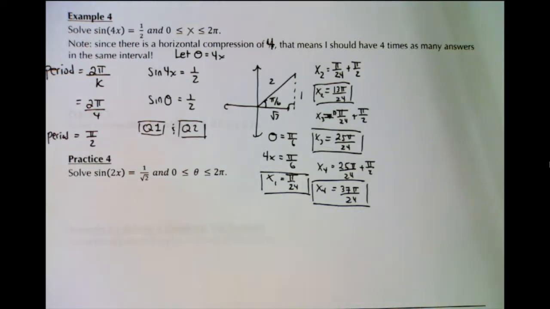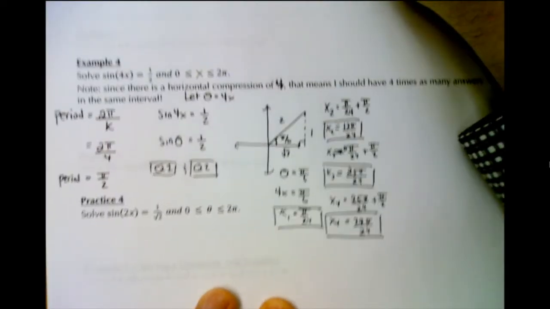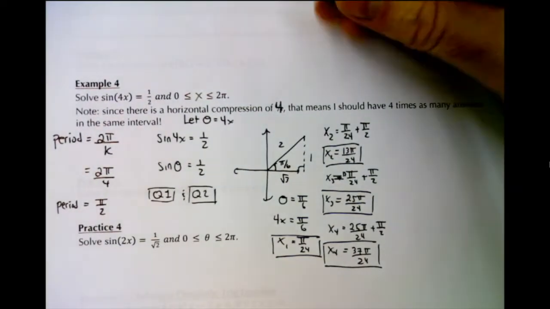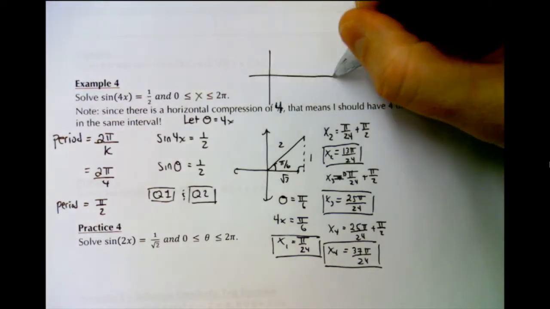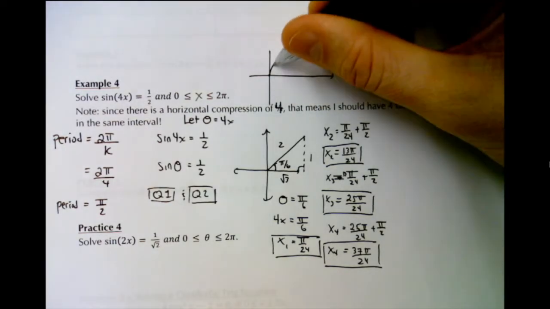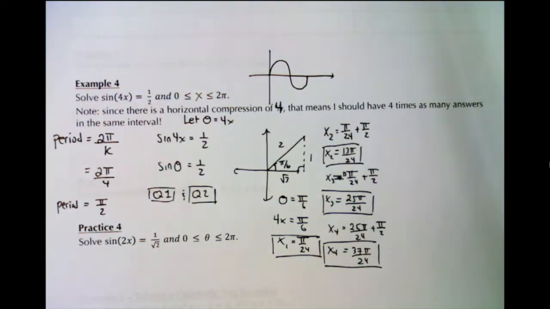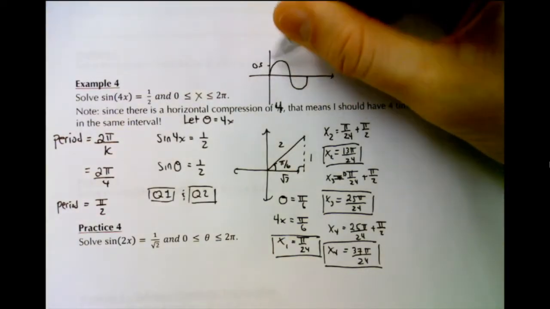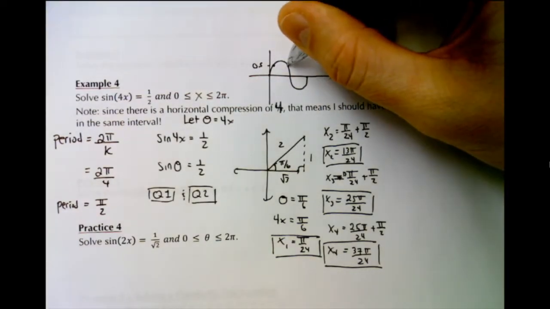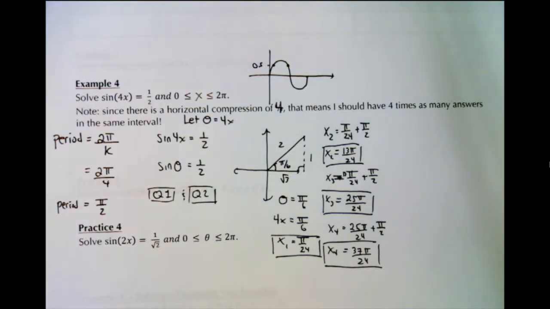It might be easiest to describe it with a diagram, so I'm going to do that up here. On the original sine graph, for one cycle we'd have this sine function. And we would hit 0.5 right here in quadrant 1 and right here in quadrant 2. Right?